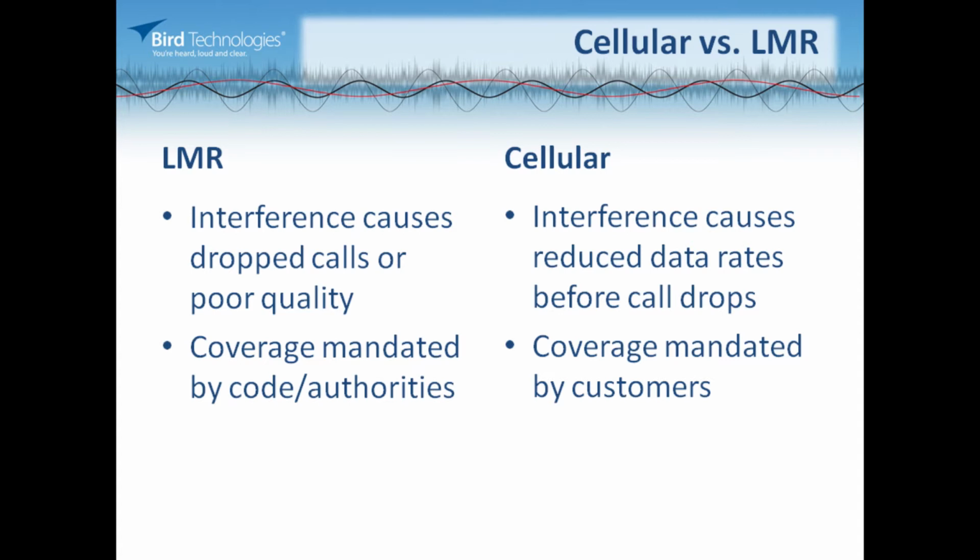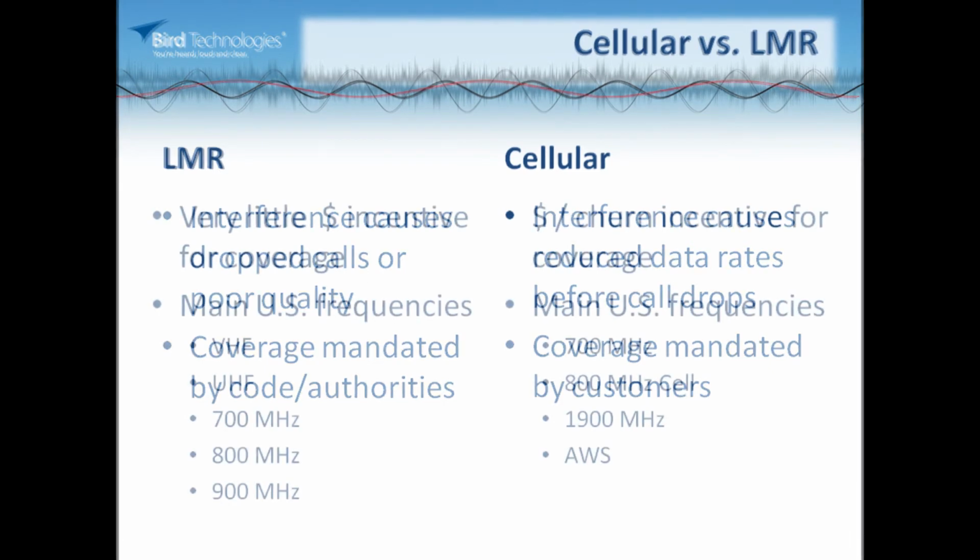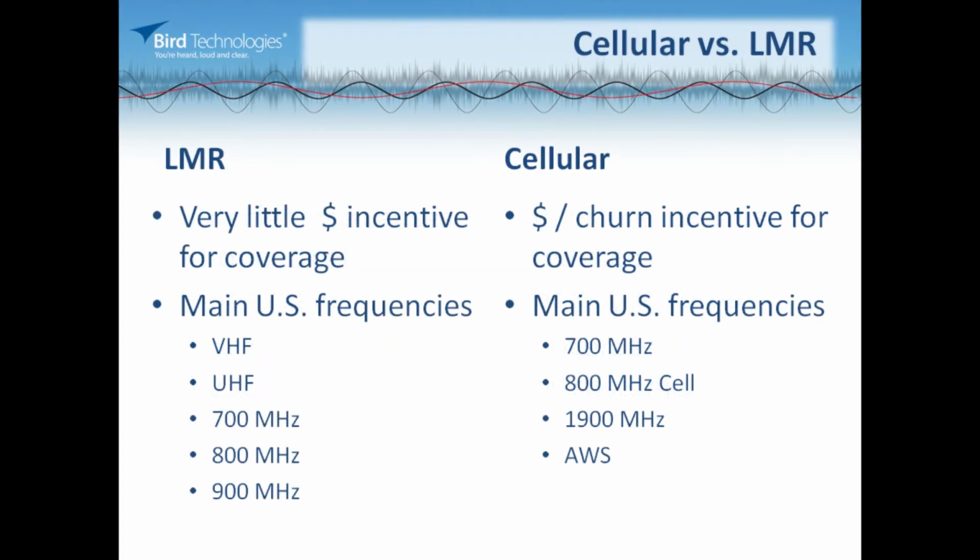And then the other major one, and we've talked about this briefly a moment ago, and also was covered at the 11:30 session, and that is that coverage is mandated by code under LMR, and coverage is mandated by customers when we talk about cellular. Cellular, it's mandated by churn, or the desire to keep revenue up and keep your churn low. And in LMR and public safety, it's really truly driven by saving lives. And that's where a couple of the major differences are.